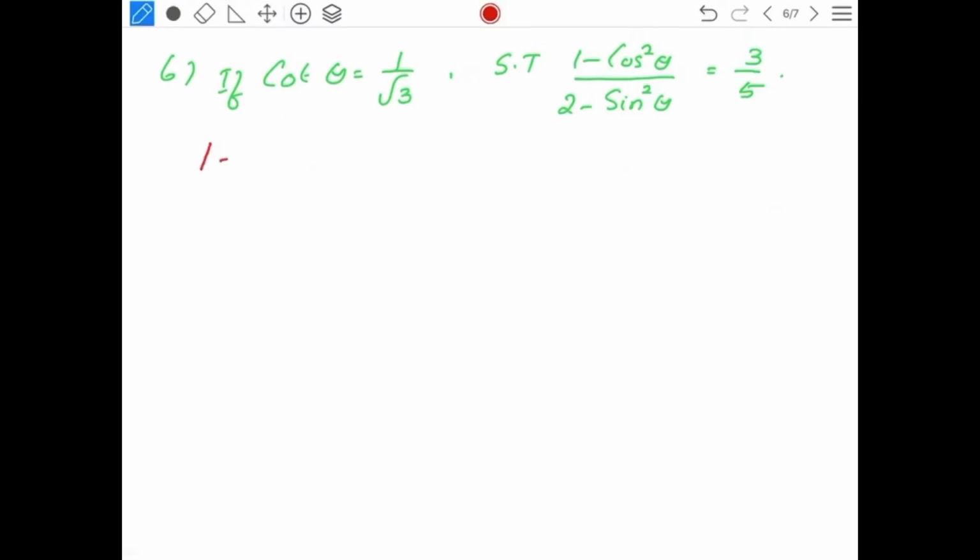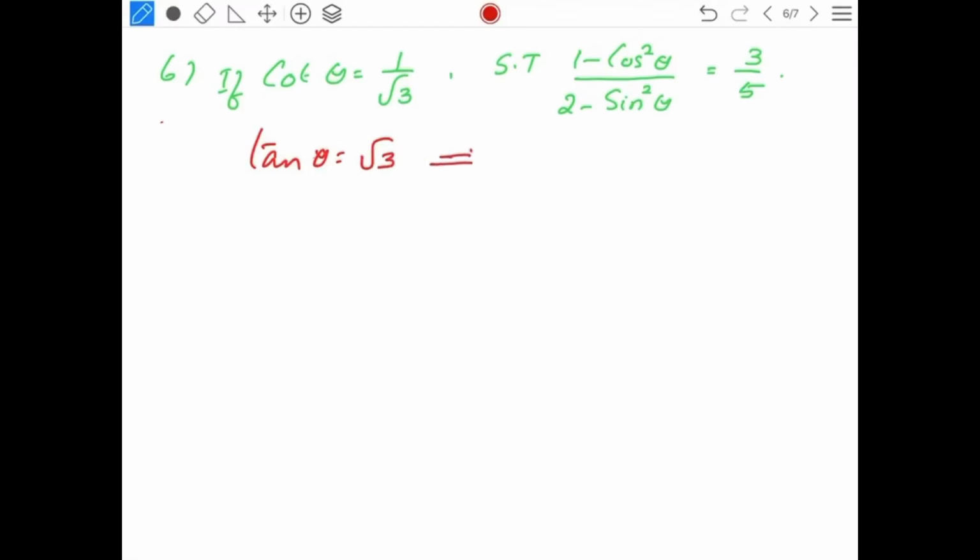No, we'll do it in a different way. Now tan theta is equal to root 3.